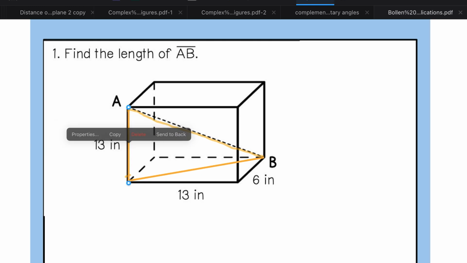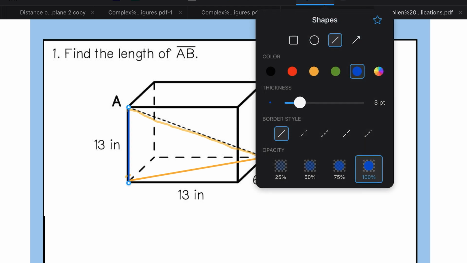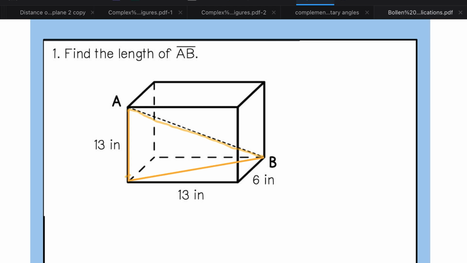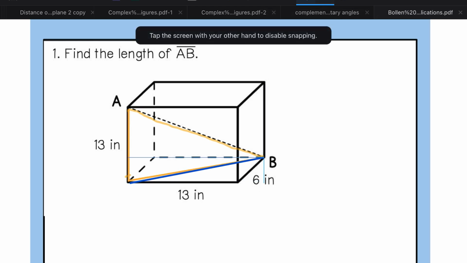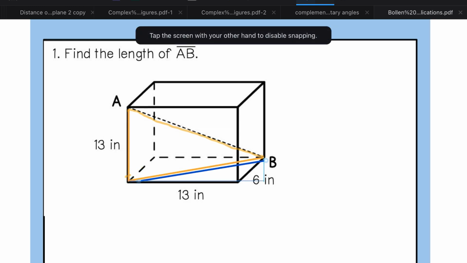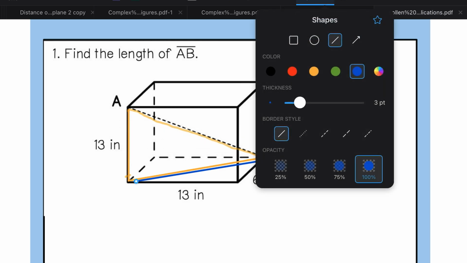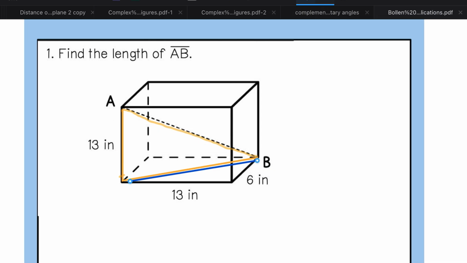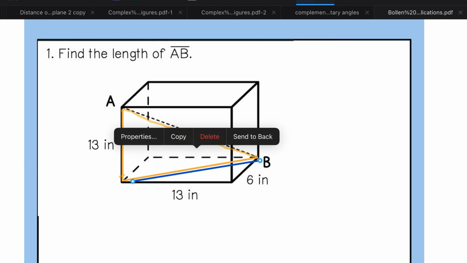To find that, we need to find the distance of this blue triangle, right? Because the hypotenuse of our blue triangle and one of the legs of our orange triangle are the same length here. I know the drawing makes it not exactly perfect, but this would be our other triangle here.